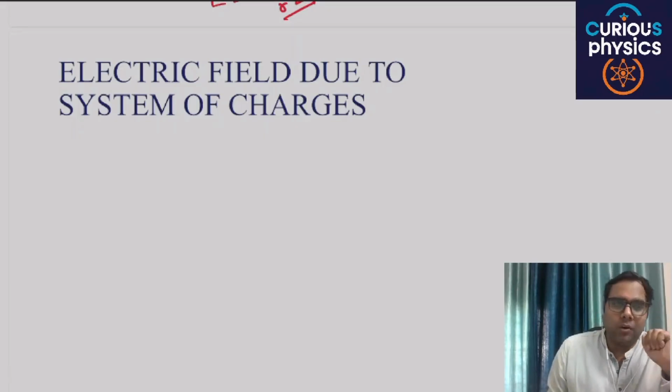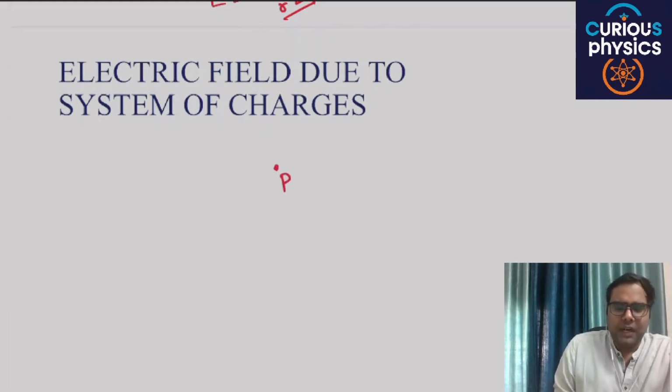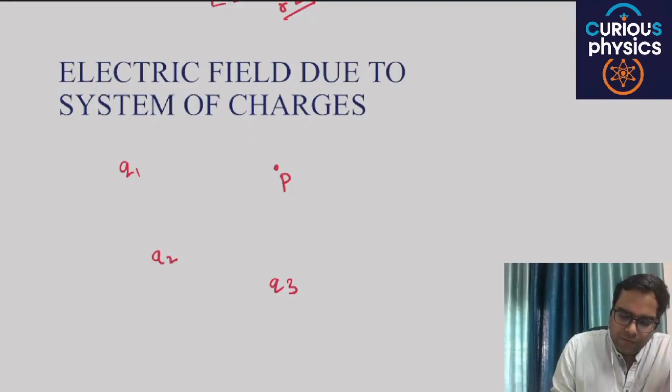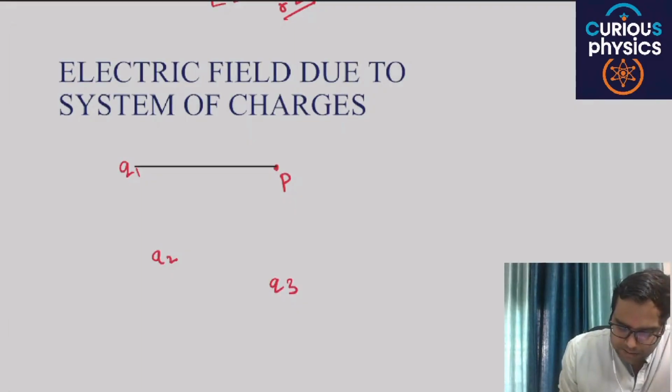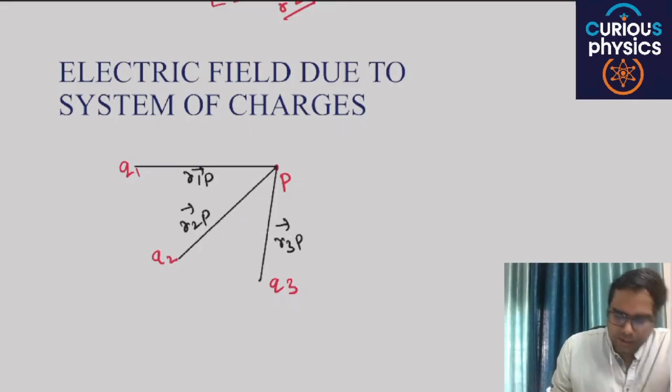So here, for example, a point P is there, and three charges are there: q1, q2, q3.